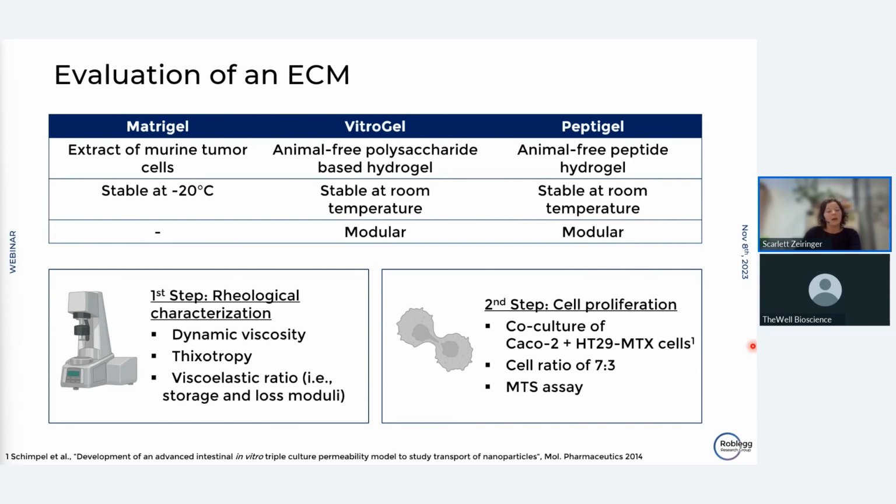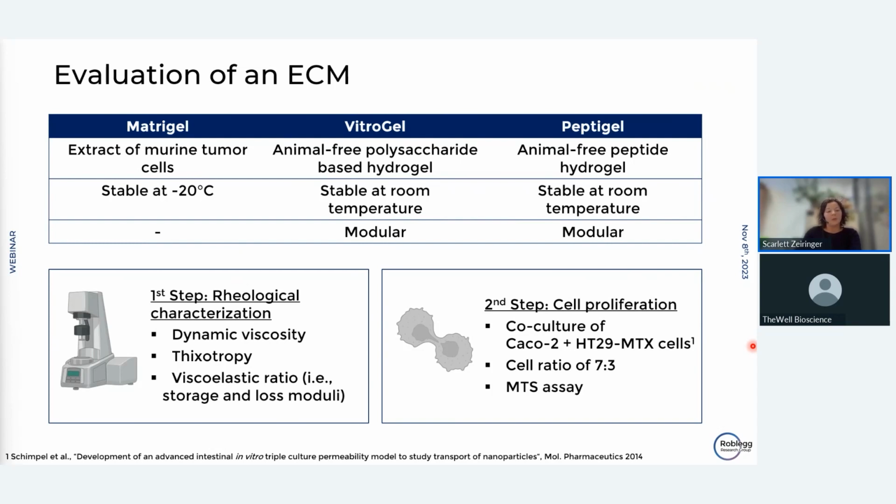Both gels can be processed at room temperature and do not need any extra cooling, and are modular, which means they can be combined with other proteins or substances and can be diluted to achieve a desired composition or viscosity. Thus, we decided to test Matrigel, VitroGel, and Peptigel as an ECM hydrogel for our development.